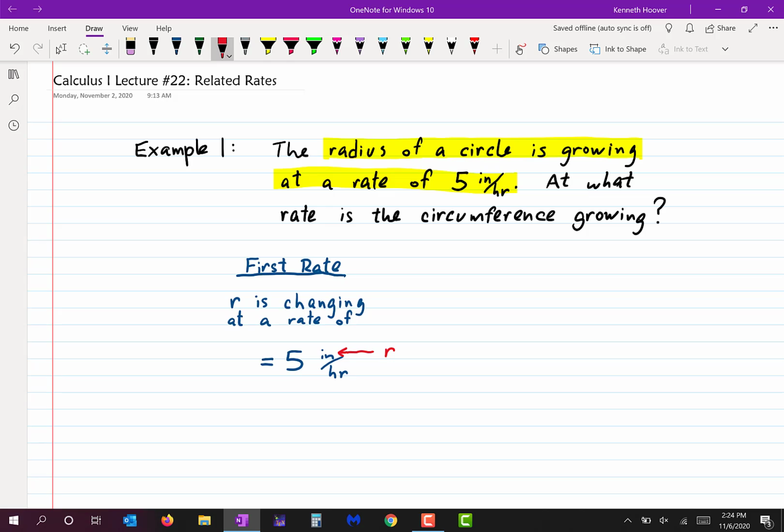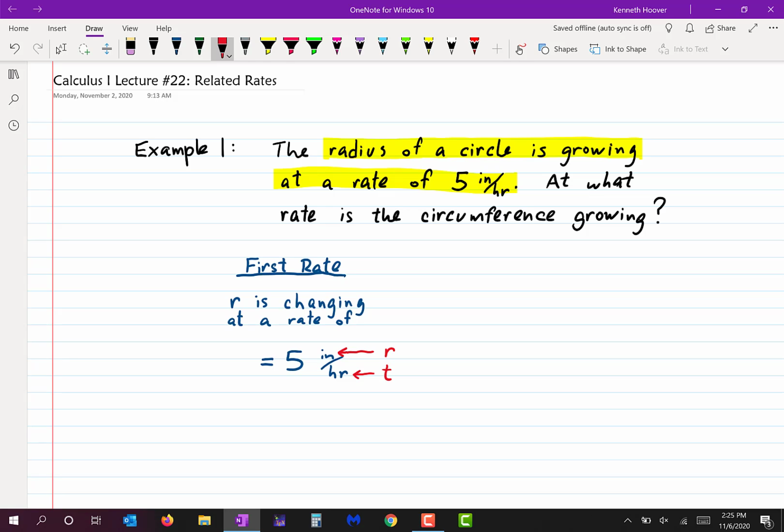Okay? It's so many inches. And they're telling us that it is growing at a rate of 5 inches. Okay? For every what? For every hour. Hour is a measurement of what? It's a measurement of time.